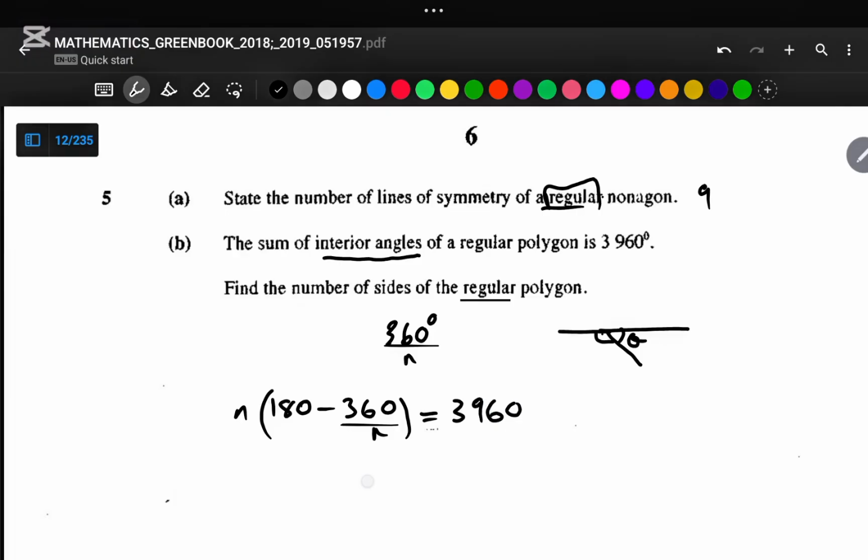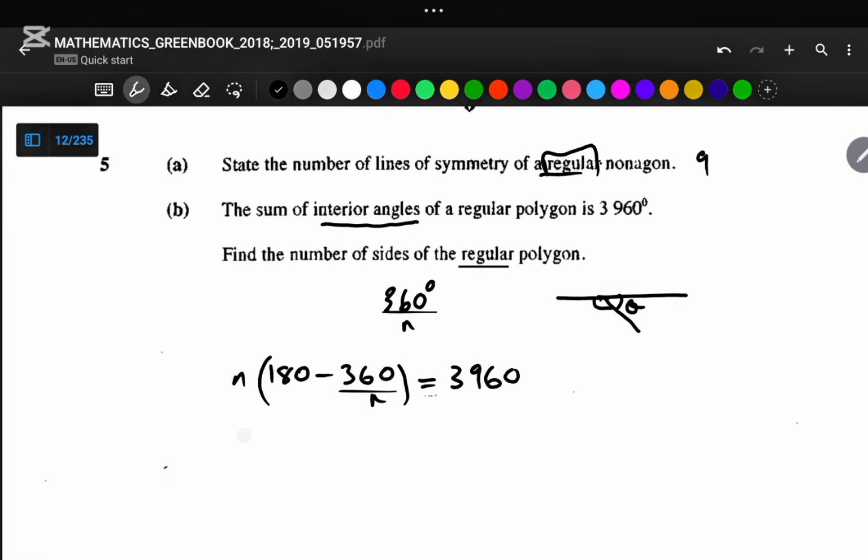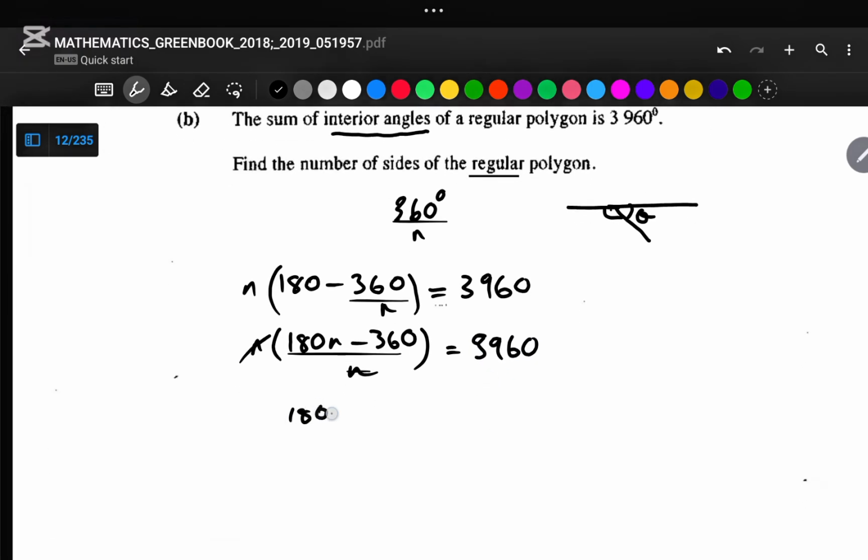Okay, so let us simplify inside the bracket so we can make it a single fraction. So it is now n, a factor of 180n minus 360 divided by n, and it is equal to 3960. And this n cancels, so we are now left with 180n minus 360, which is equal to 3960.